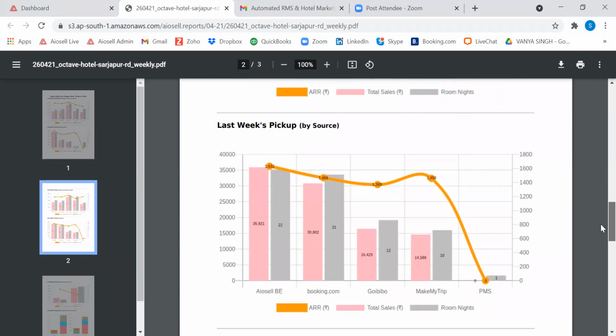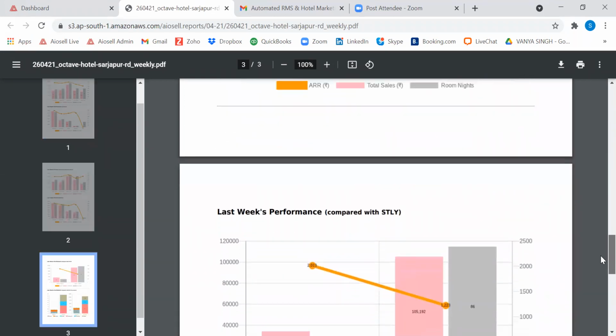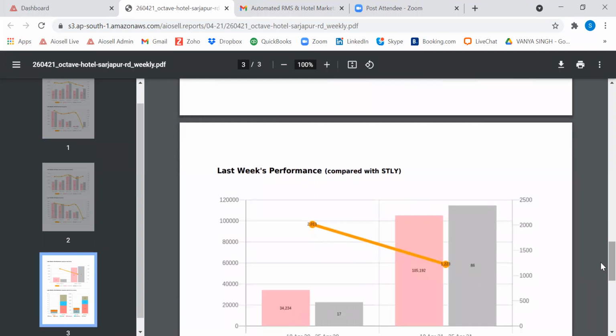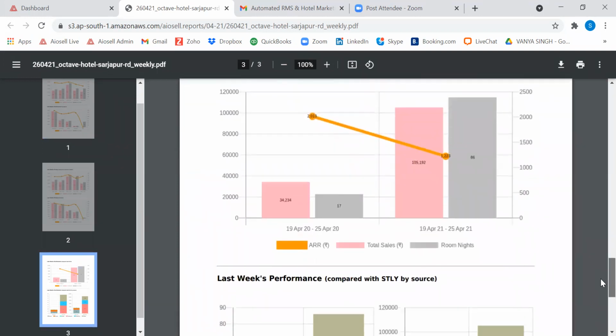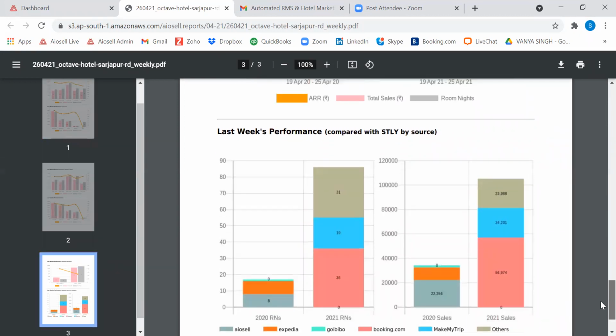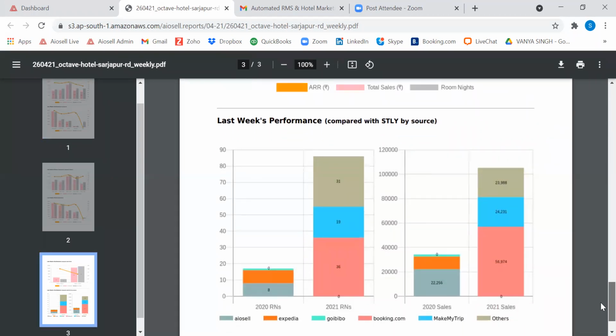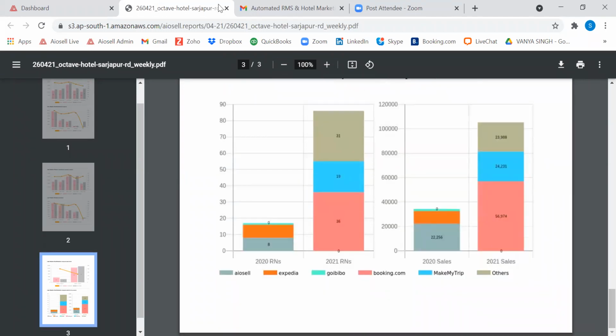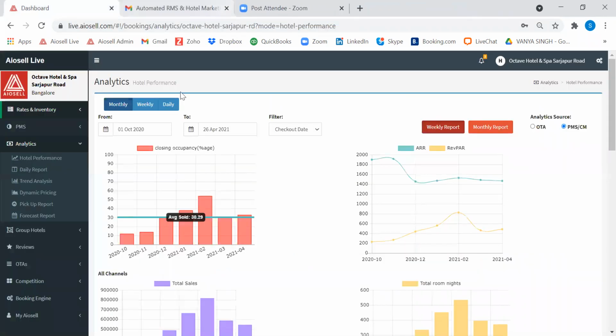The last week's pickup by sources and the last week's performance compared to same time last year. So again, to understand how the trends are going, and you have the last week's performance compared with same time last year and divided by source. So a lot of data, which can again be very, very handy when you are making pricing strategies.